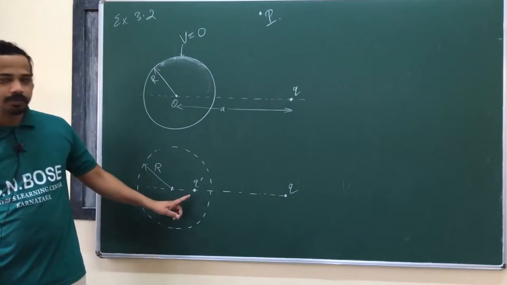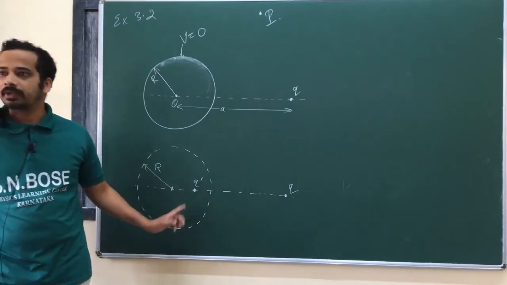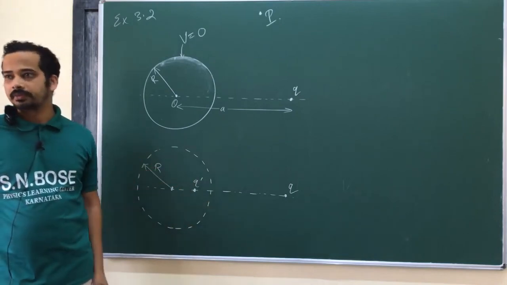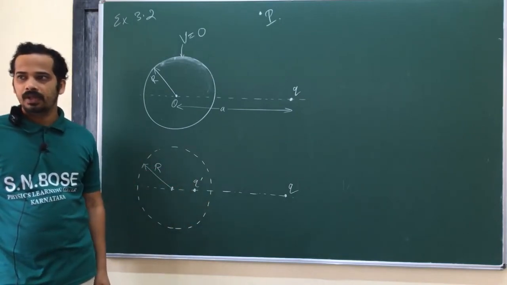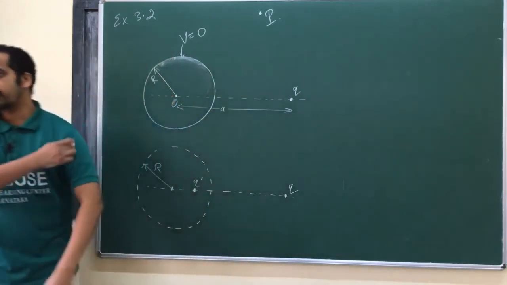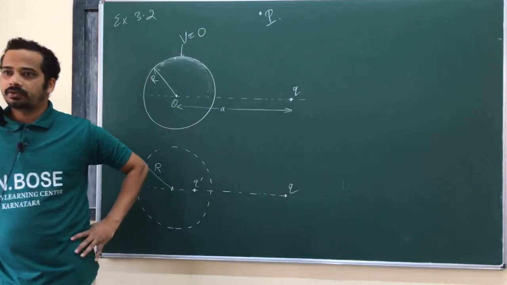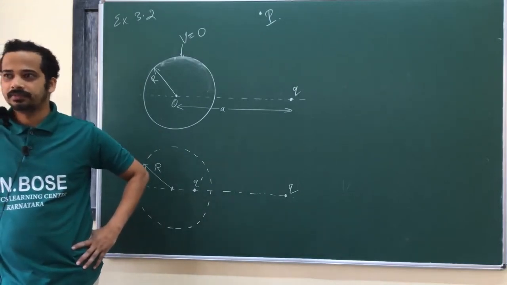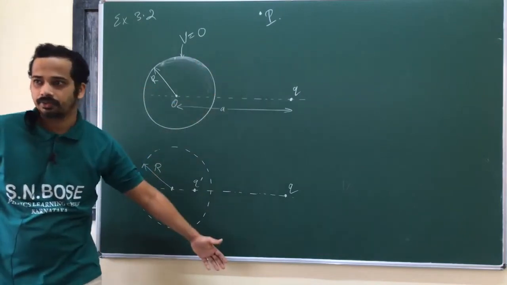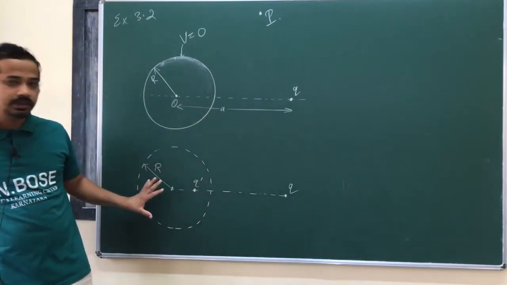I have to place Q prime, the image charge, in such a way that the potential on the surface of this sphere becomes zero. Then these two in the outside region have the same boundary condition, the same charge distribution. Can I say like this? That's why the Poisson equation is the same in these two outside regions, not inside this region.